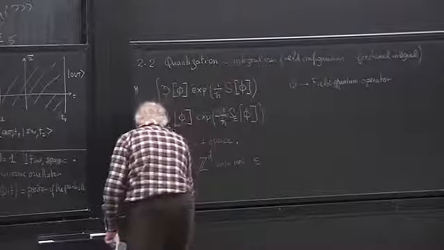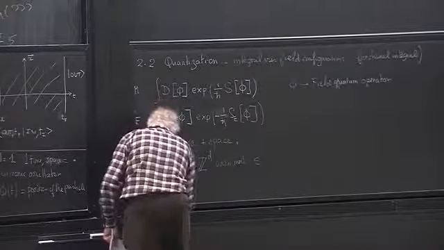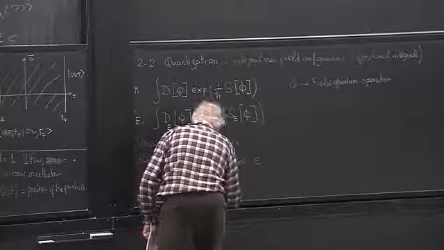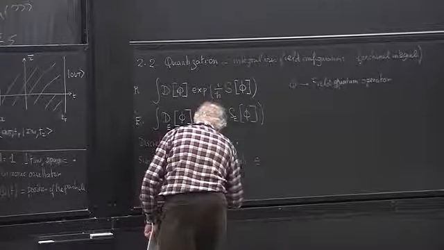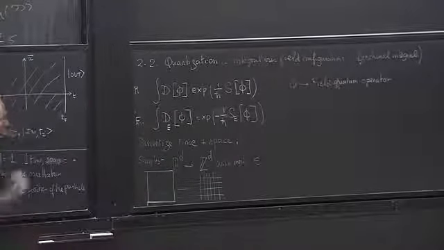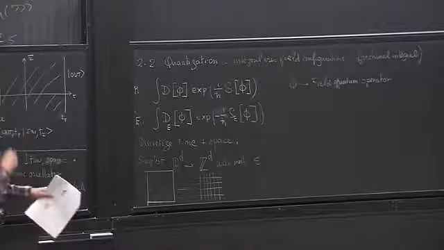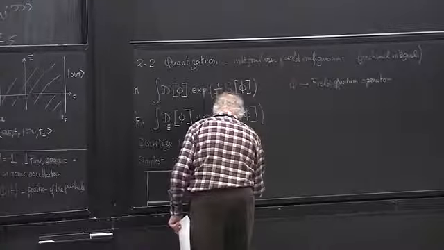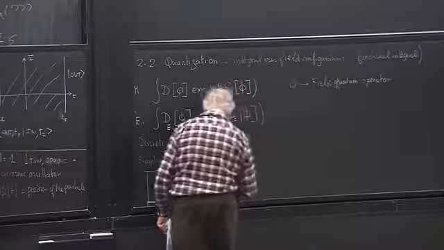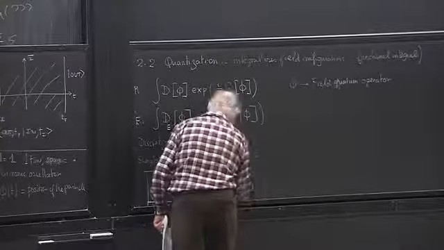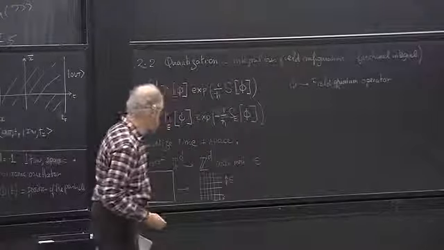So I replace my continuous spacetime by a lattice like this, a square lattice. You can think about more complicated lattices or random lattices. The mesh is going to be epsilon, and I take the same mesh in the time direction and in the space direction.